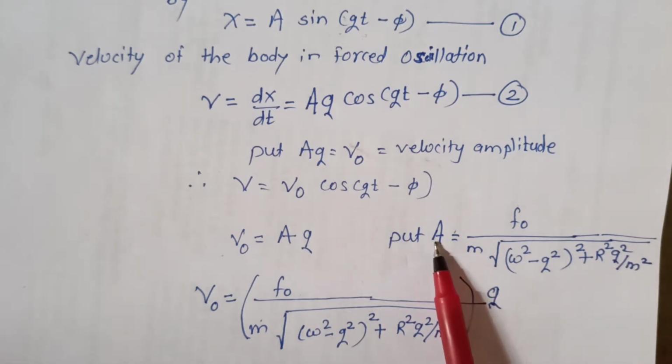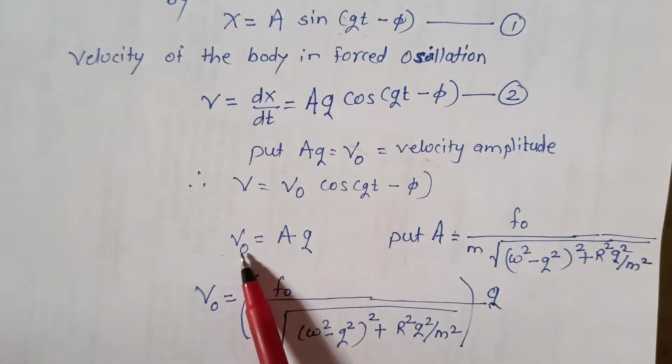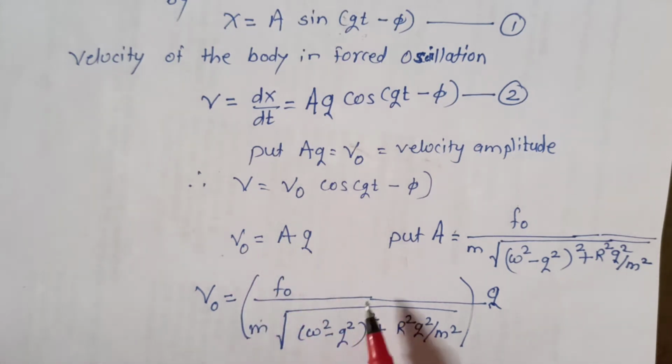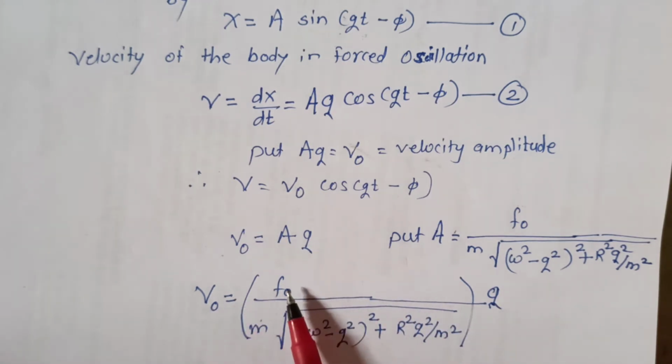Put this value of a in v0, that is velocity amplitude. Then we have v0 is equal to this value of a into q. v0 is equal to f0 by m square root of [(omega square minus q square) whole square plus r square q square divided by m square].